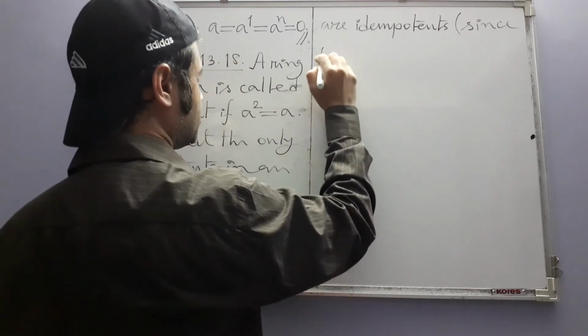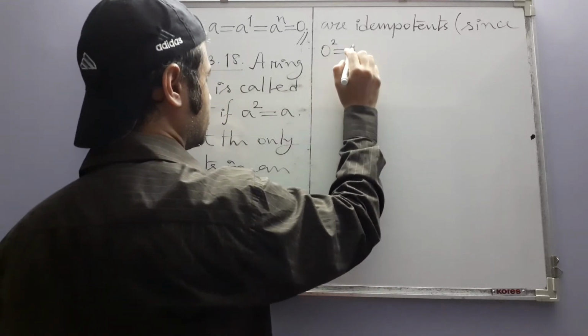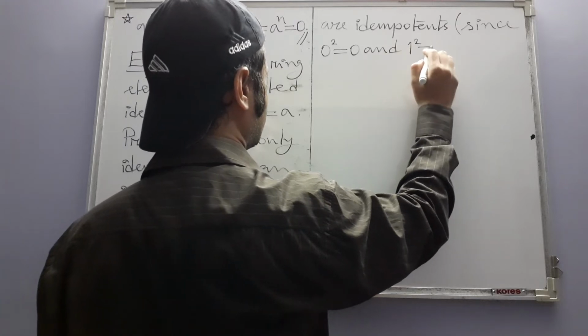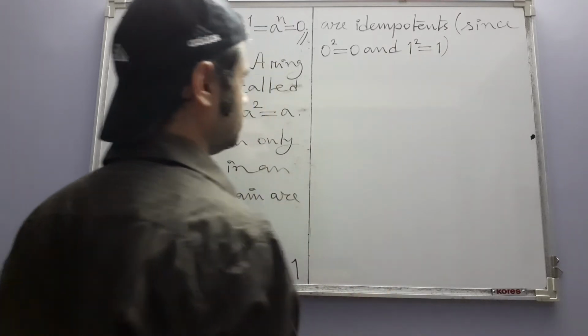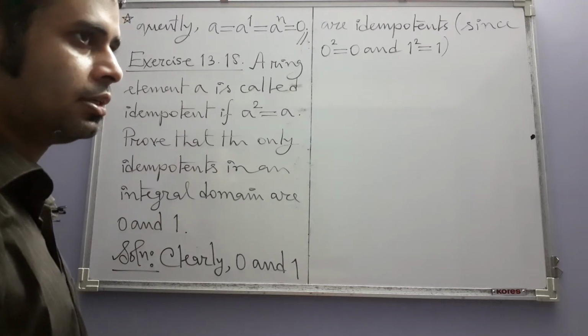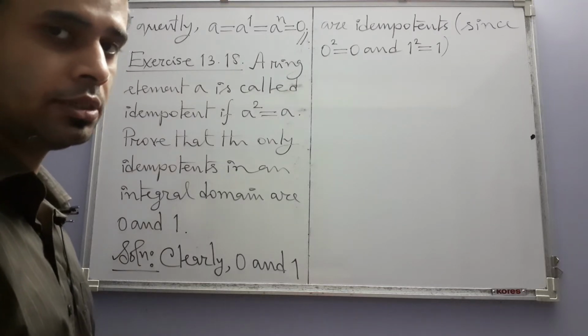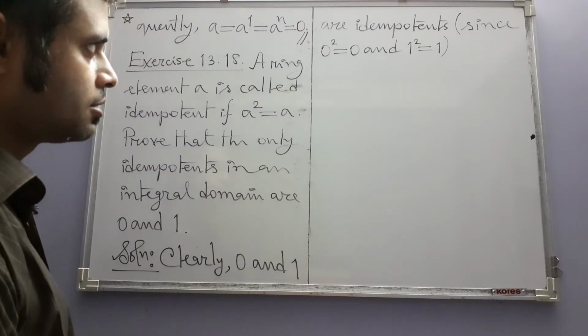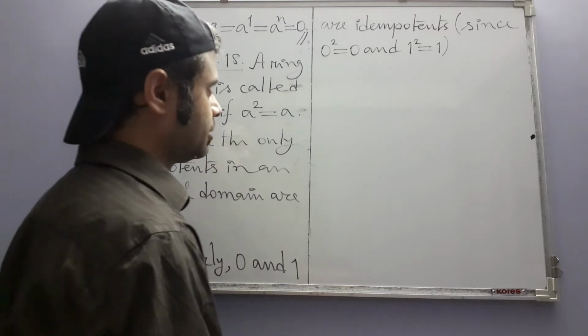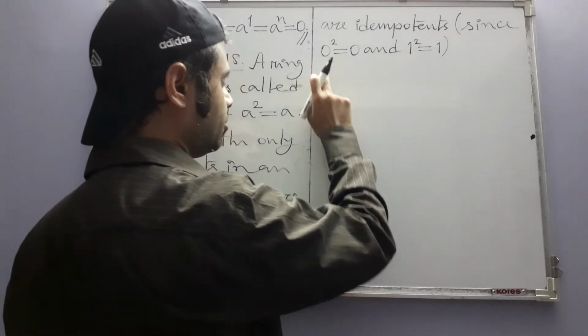Since 0 square is 0 and 1 square is 1. That 1 square is 1 comes directly from the definition of the unity 1, and 0 square is 0, that comes from the elementary ring properties, that you multiply any ring element with 0, you get 0.